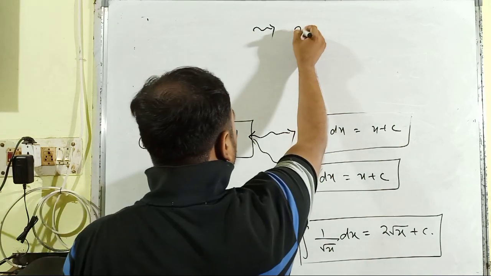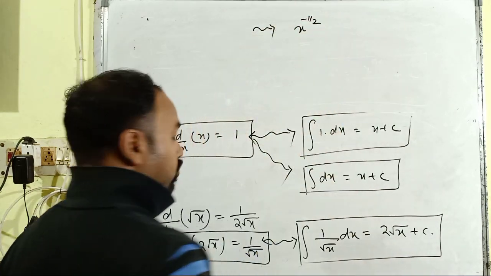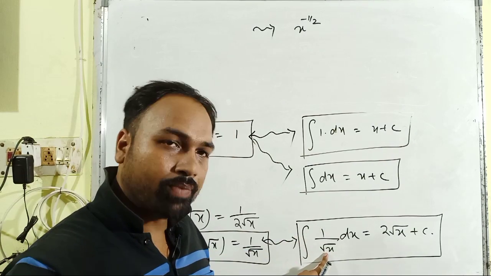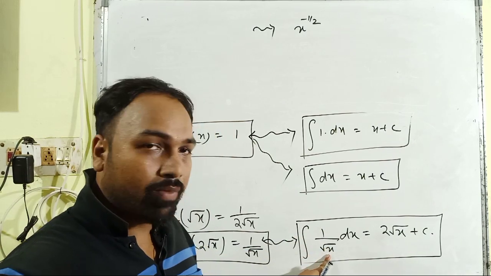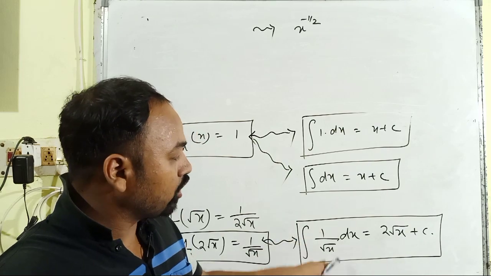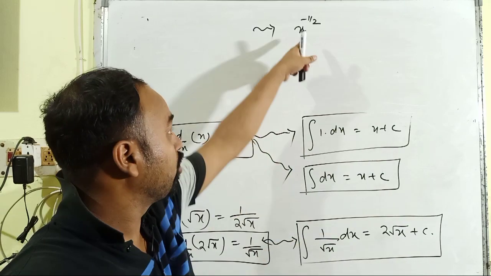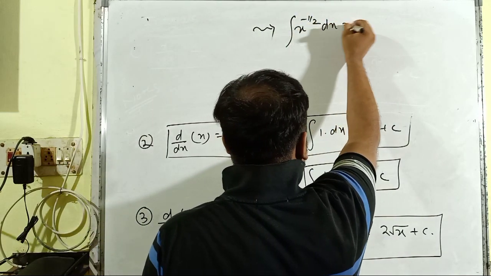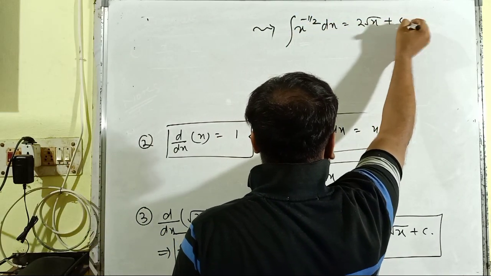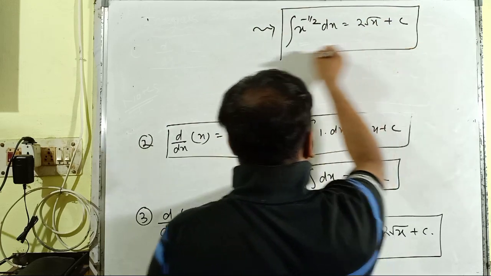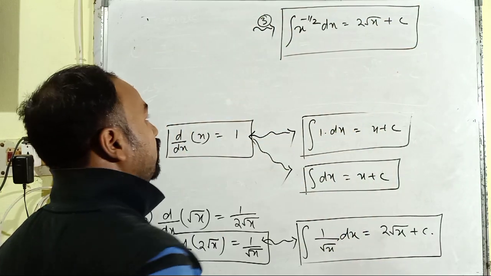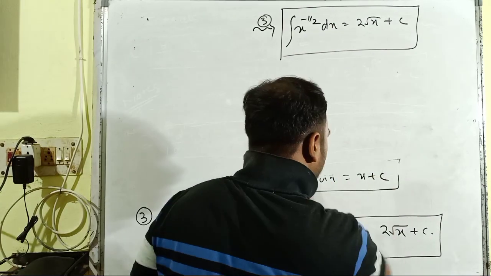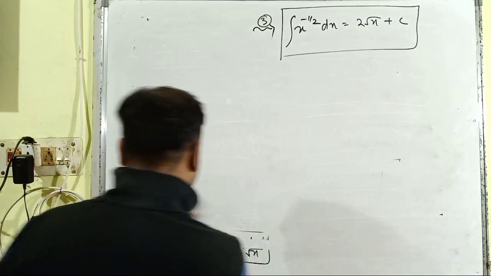You can take it as x to the power minus 1 by 2, because 1 upon root x is equal to 1 upon x to the power 1 by 2, and this will be shifted towards the numerator part, then it will become x to the power minus 1 by 2, and its integral with respect to x will be the same, 2 root x plus c. So you can also write it in a different manner. Okay, so next let us move towards the next formulas of this topic.